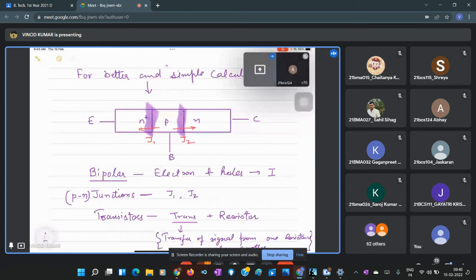Suppose this is the input side and we are taking output from here.